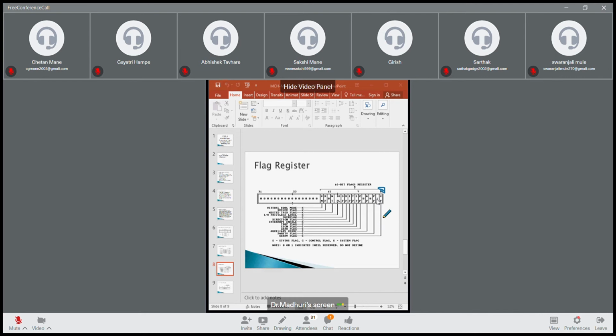Whenever the execution of these instructions generates a carry or a borrow, this bit will be set. Otherwise it is cleared. This carry flag can be changed with the STC, CLC, and CMC instructions. Just remember these: STC, CLC, CMC. CLC is clear the carry flag.